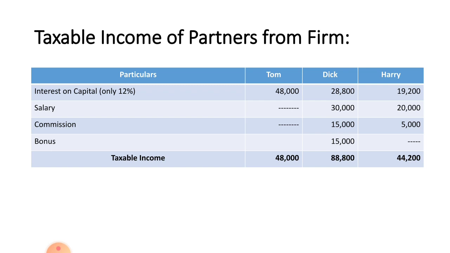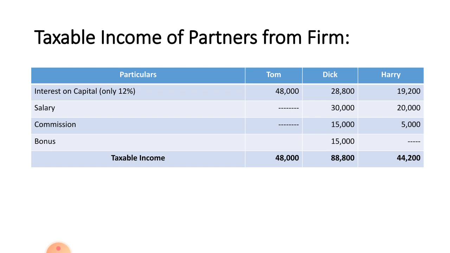See here, particulars and 3 amounts column for Tom, Dick and Harry you have to draw. First, interest on capital only 12%, that is capital amount is given, you have to calculate 12% of that. That amounts to 12% of 4 lakhs of Tom, 48,000.